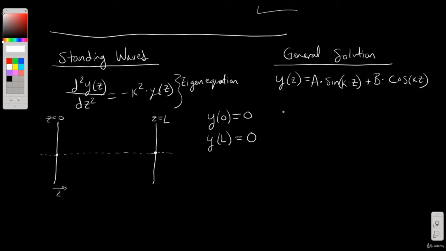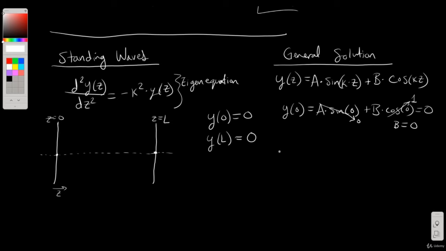And so, if we apply y of 0, what do we have? We have a times sine of 0 plus b times cosine of 0. And we said that this has to be 0. Well, we know that sine of 0 is 0, and cosine of 0 is 1. And so we conclude with this that b is equal to 0.